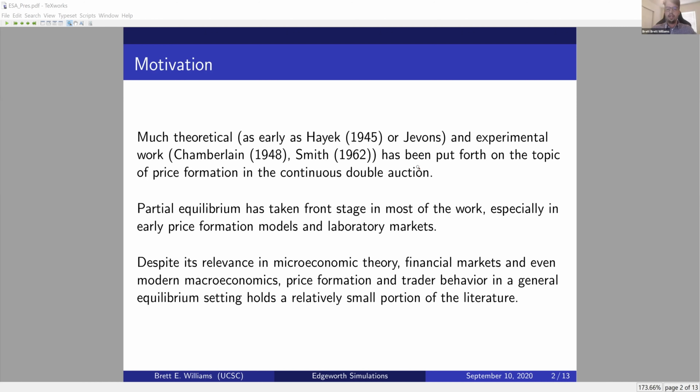And despite how relevant general equilibrium is in modern microeconomic theory and analysis of financial markets, and as far away from experimental as macroeconomics, we find that price formation and trader behavior in general equilibrium settings hold a relatively smaller portion of the literature. So I'd like to expand on that.